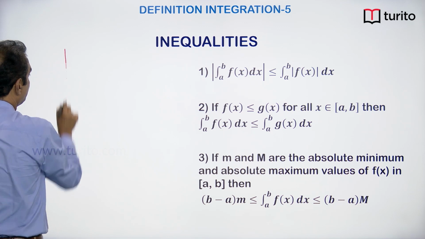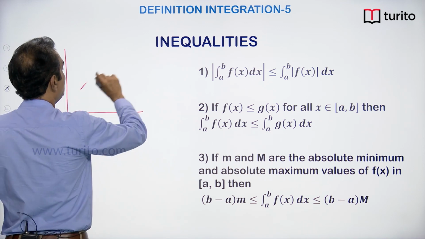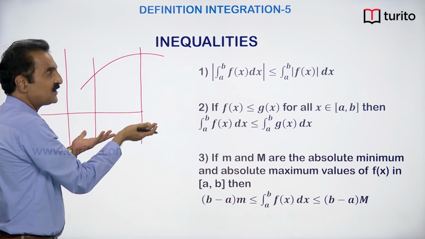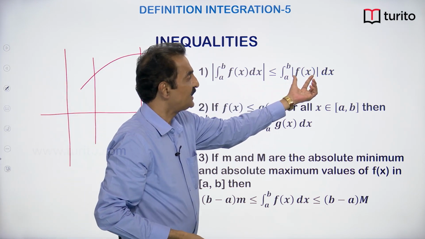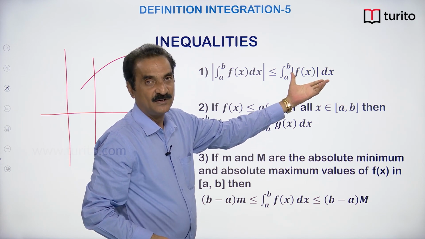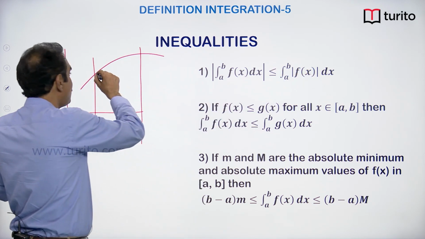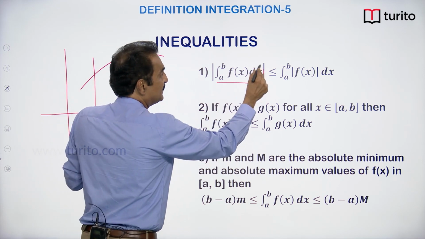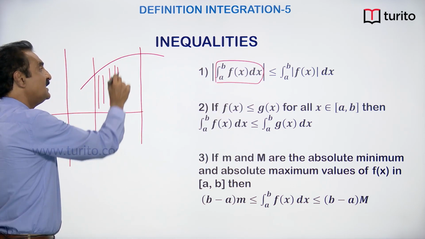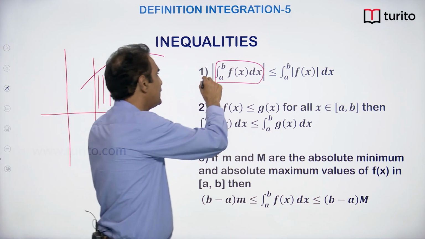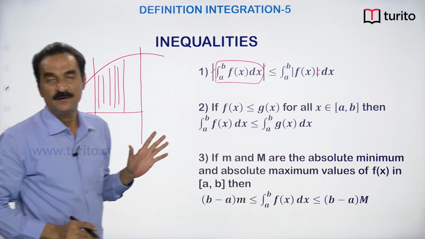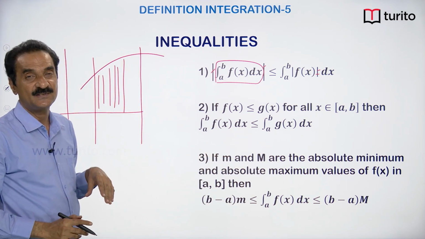Suppose the graph is completely above the x axis, then f of x is positive. So, integral mod f of x dx is f of x only, and the sum of all values of f of x in this interval is also positive. So, there is no need of writing the modulus, both are equal when the graph is completely above the x-axis.